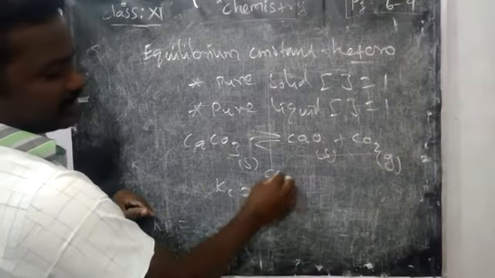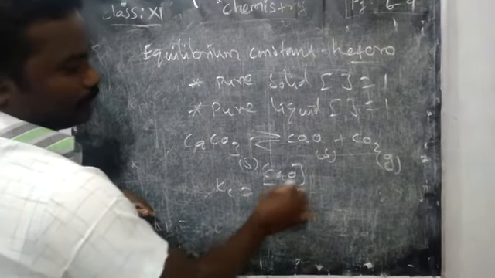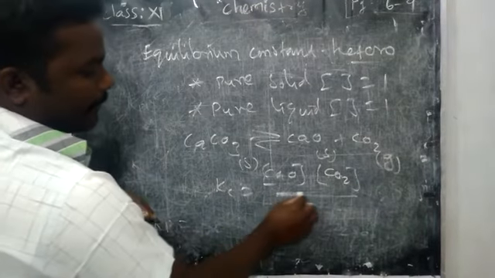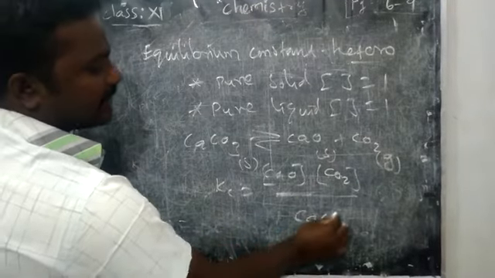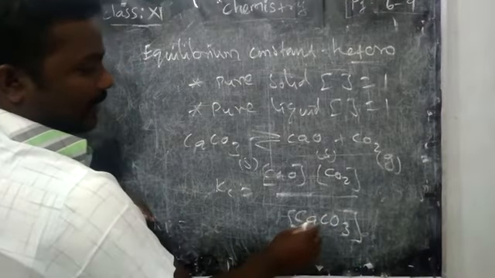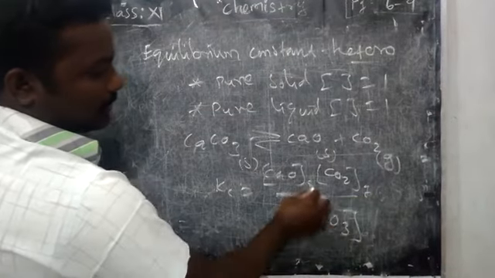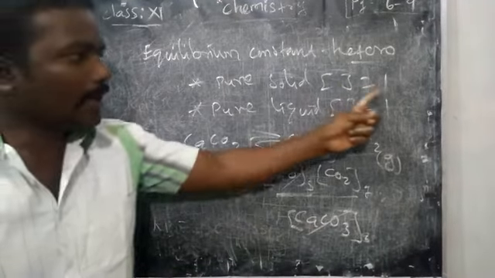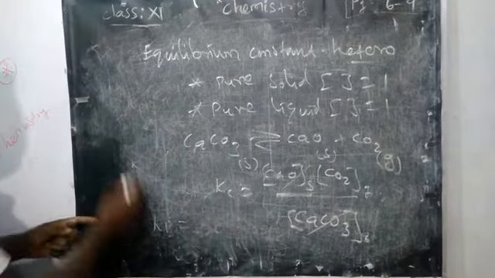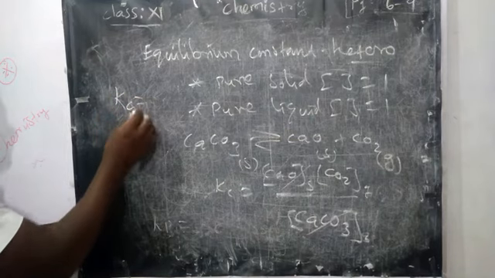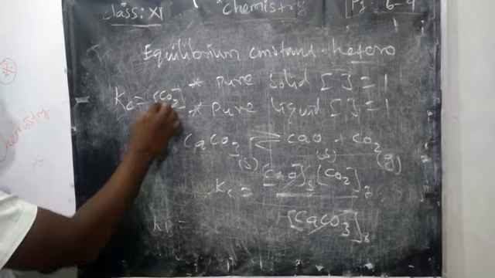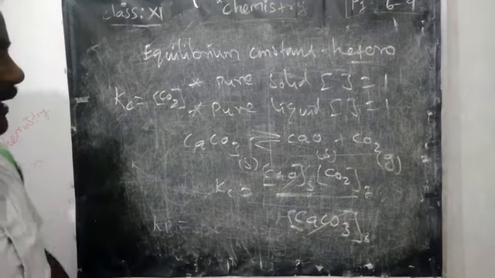Product concentration, CaO times CO2 divided by CaCO3, but these two are solid. Solid concentration is equal to what? 1. So how do you rewrite this equation? Kc is equal to CO2 concentration. It's over, right?